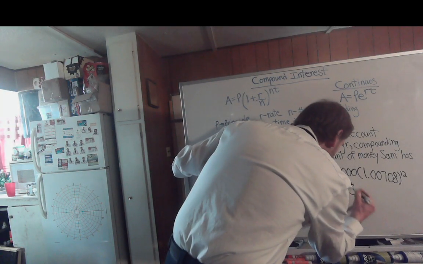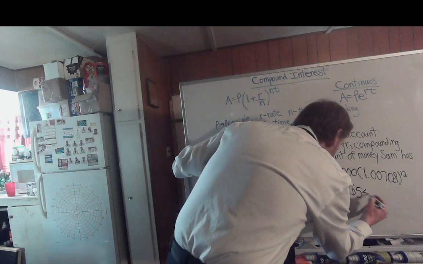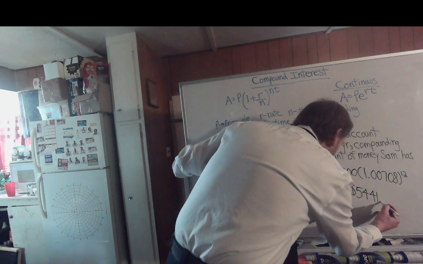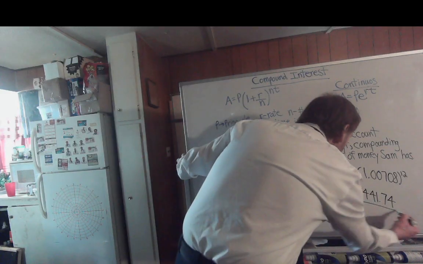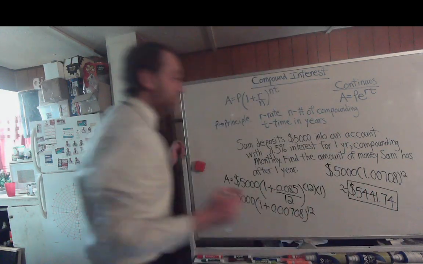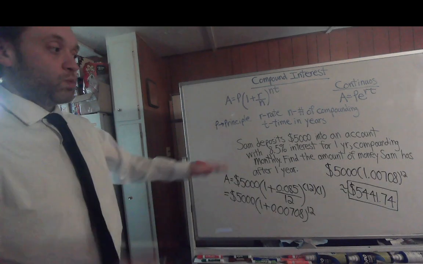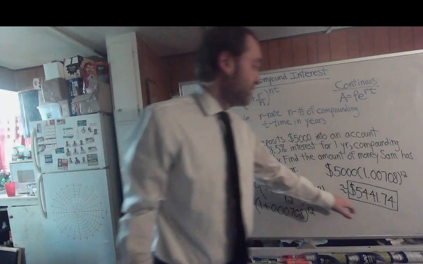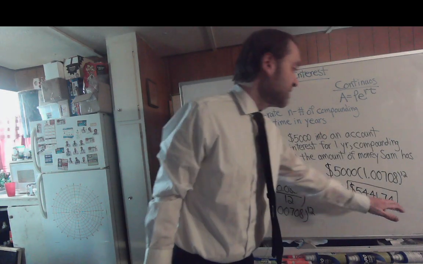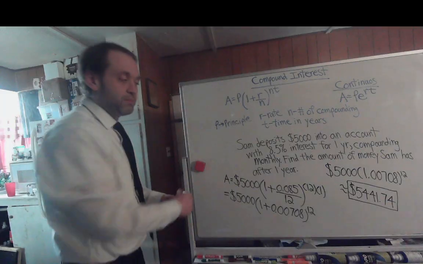Alright, so you have roughly after a year, Sam would have rather $5,441.74. So if the interest compounds monthly for 1 year, after 1 year, Sam will have $5,441.74, roughly speaking.